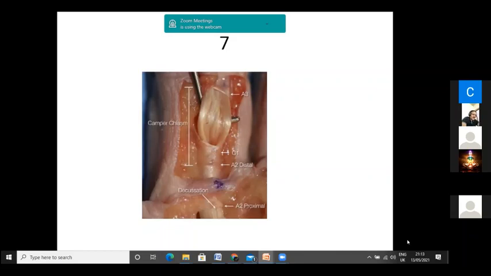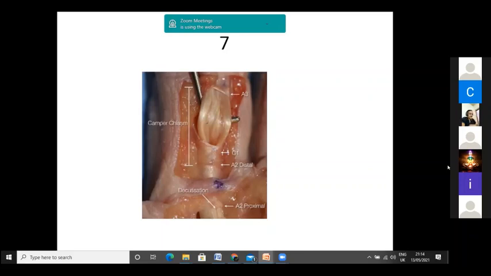Anybody? Camper's chiasma? Shyam, Gautam, John, Harsha?